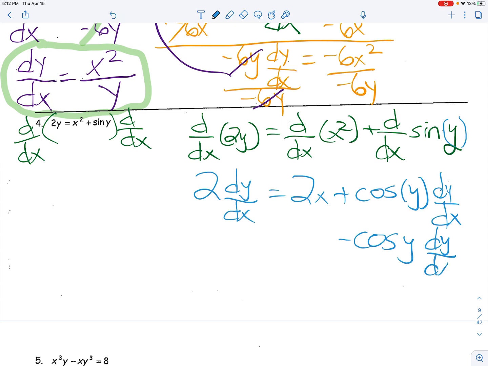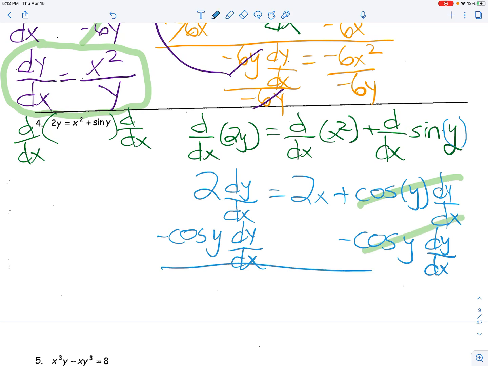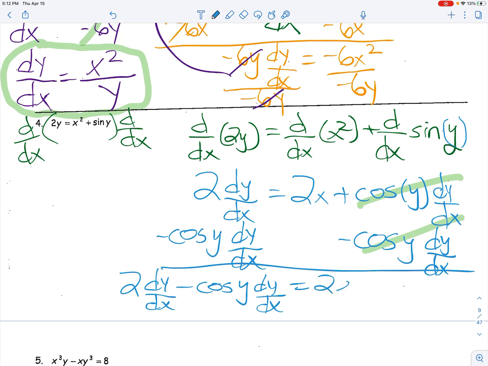So I'm going to move that cosine y dy/dx over to the left side by subtracting cosine y dy/dx from both sides. All right, remember that's all one term. I cross out.